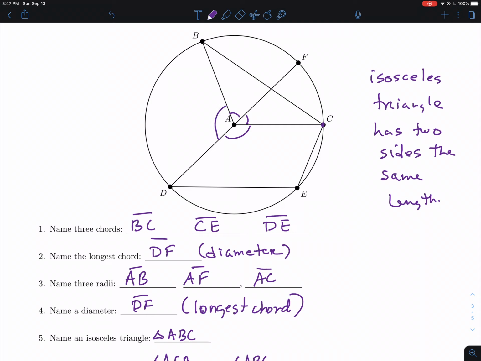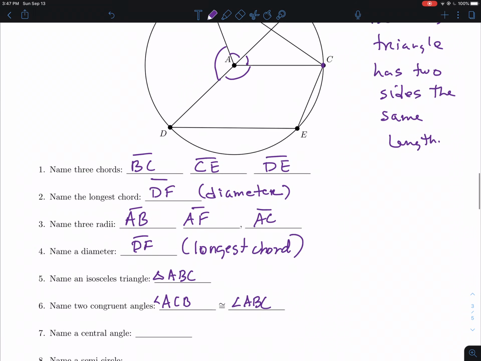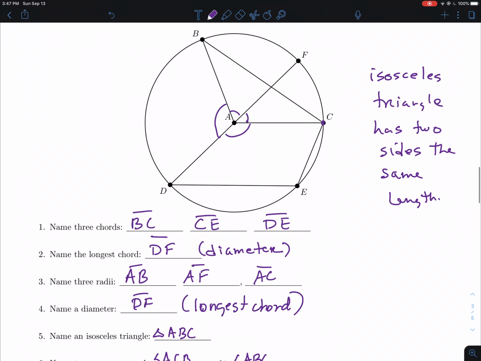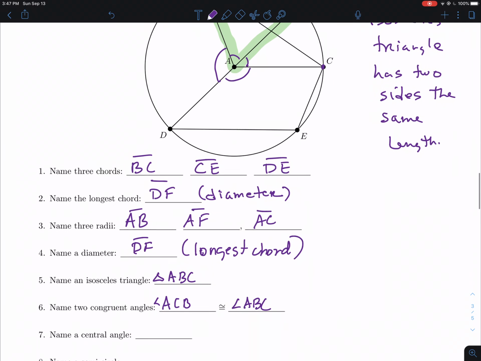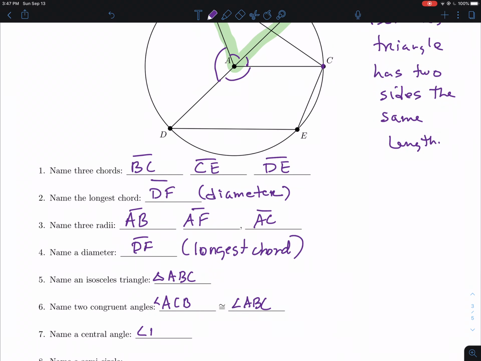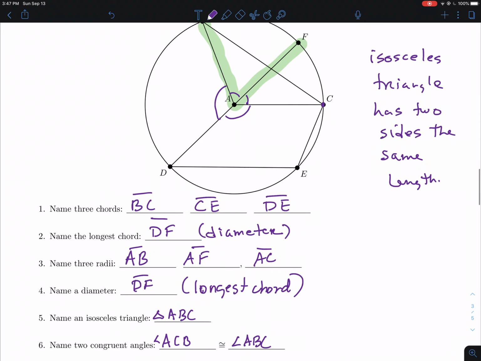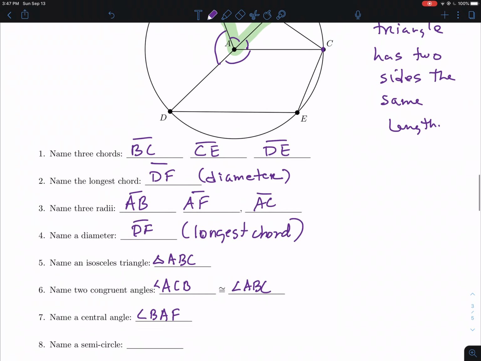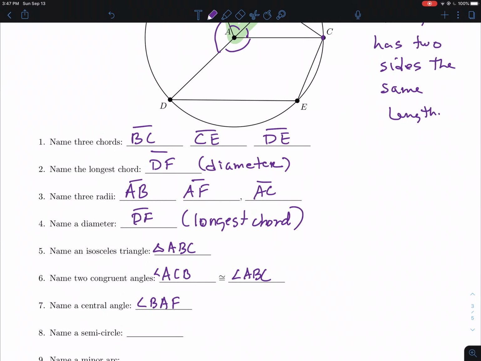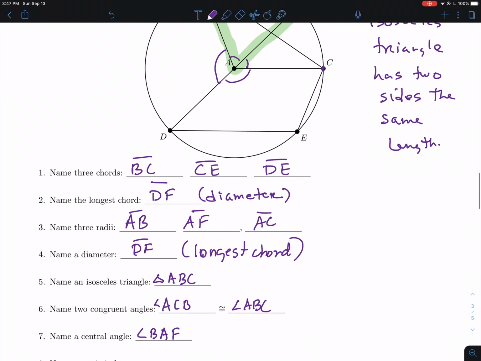So there's actually 4 different central angles that you can choose from. So just pick one. I'm going to pick this one just because I like that one. So in this case, we're looking at angle BAF. And since angle A is the center of our angle, I have to make sure it's the center of the symbols when I write it down.